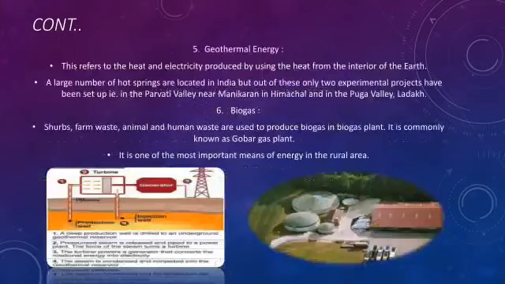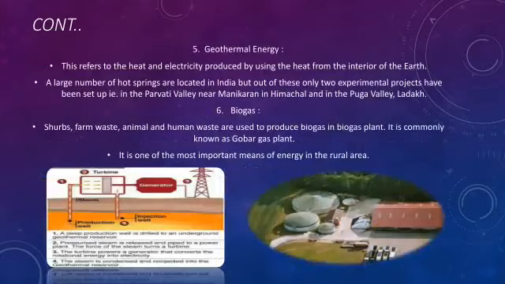Number 5, geothermal energy. This refers to the heat and electricity produced by using the heat from the interior of the earth. A large number of hot springs are located in India, but out of this, only 2 experimental projects have been set up, that is in the Parvati Valley near Manikaran in Himachal and in the Puga Valley, Ladakh.